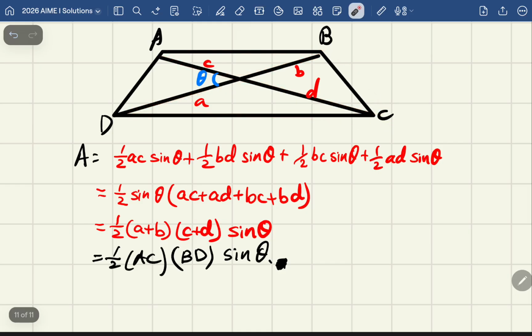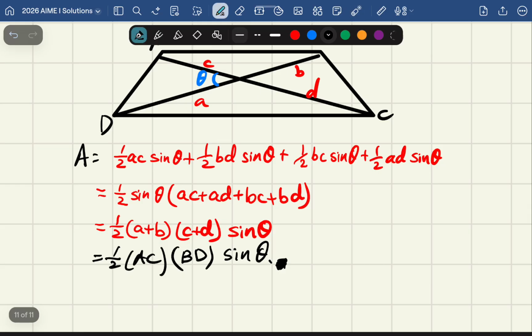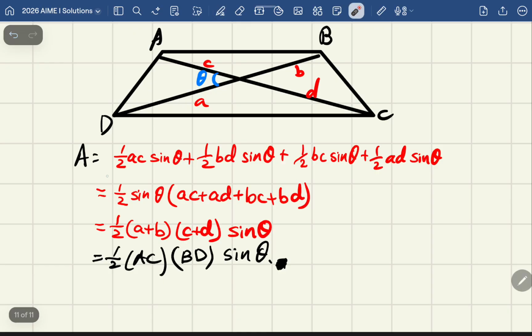And for each triangle you can use the sine area formula, right? 1/2 AB sine theta, remember? But here it's 1/2 AC sine theta, 1/2 BD, 1/2 BC, and 1/2 AD sine theta.